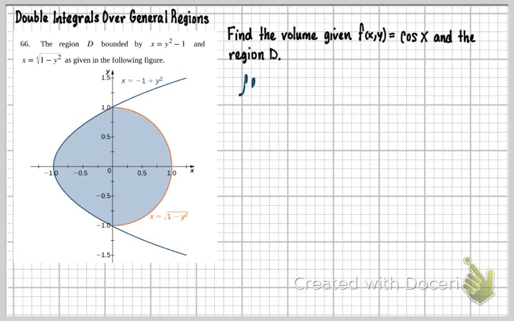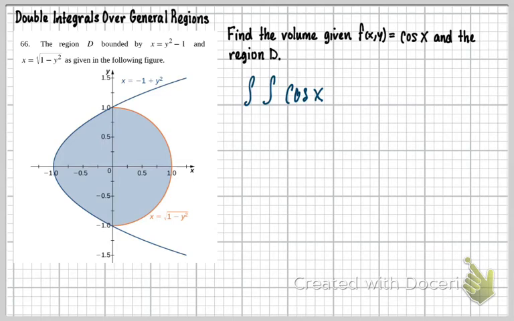So then our double integral, let me give a little bit of space here, is going to be from, now I'm going to pick the cosine x for my height, and I didn't have it in there. I apologize for that, guys. Now I'm going to do what first?